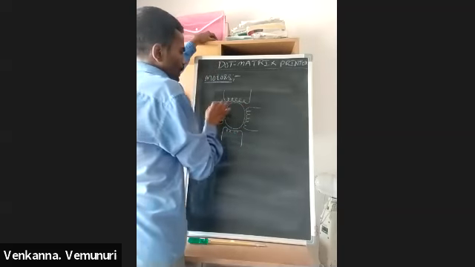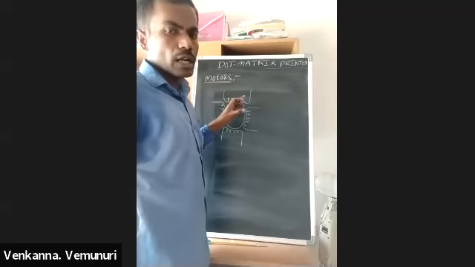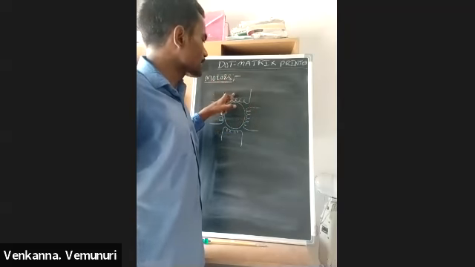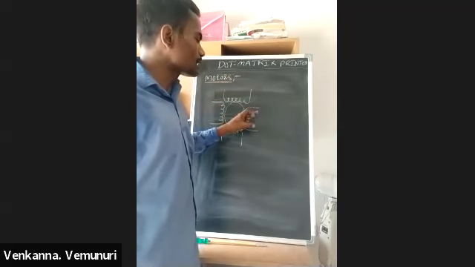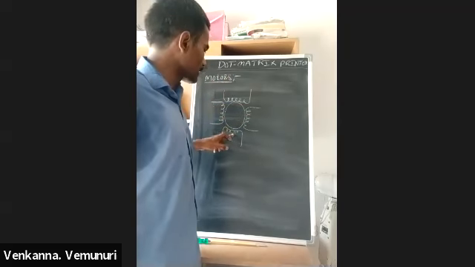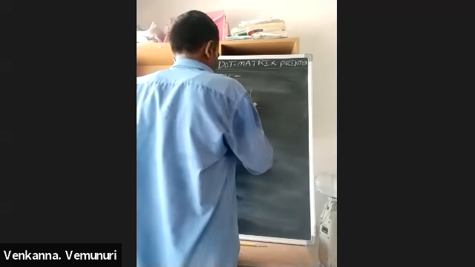This is one winding, this is one winding, and this is a winding. I am saying winding, not coils. There are many coils, but some coils are treated as one winding. And this is the rotor.